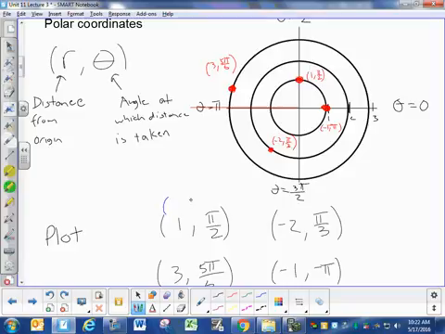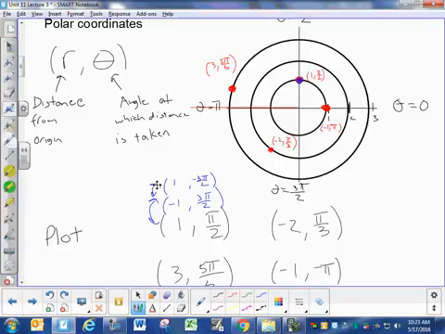If I went all the way to 3 pi over 2 and just went in the opposite direction, boom, I would have this same point. Could somebody give me another one for (1, pi over 2)? (1, -3 pi over 2). If I went in the negative direction for my angle and had a positive radius, that works as well.